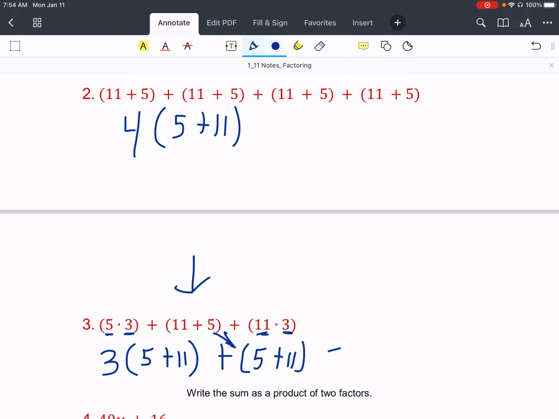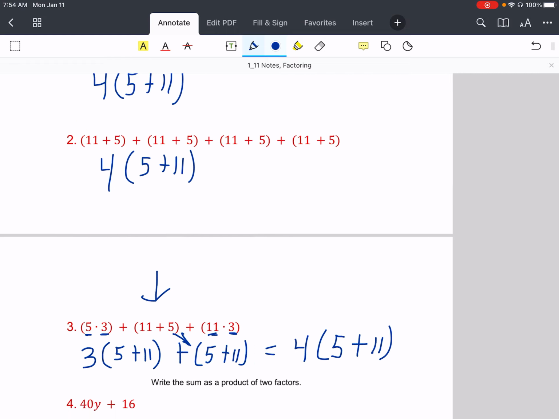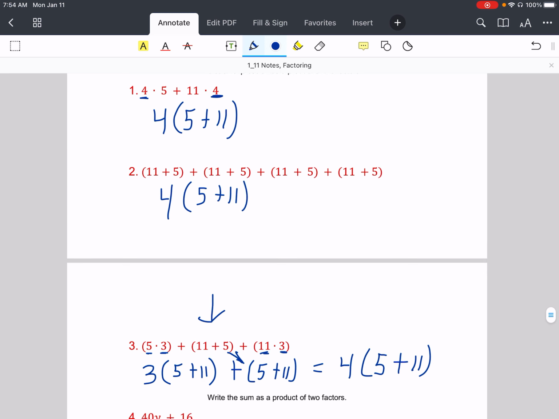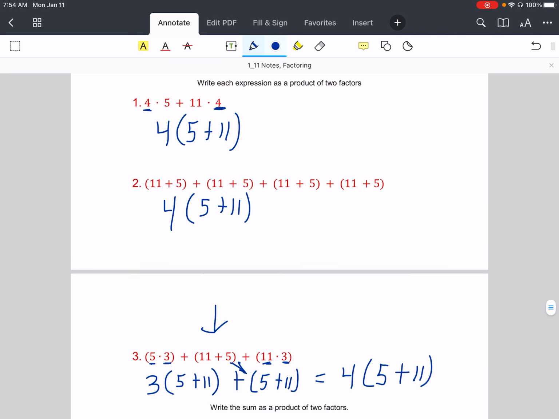So I have 3 groups of 5 plus 11 plus 5 plus 11. Well, that makes 4. So again, for my third answer in a row, I have 4 groups of 5 plus 11. So those are 3 different problems that all factor out to 5 plus 11.